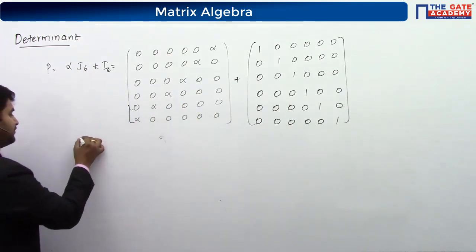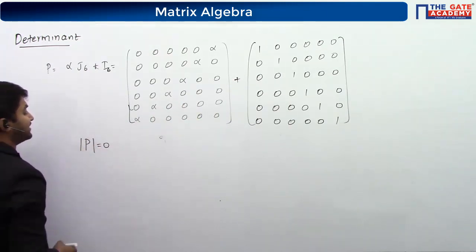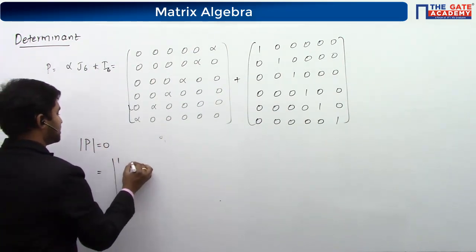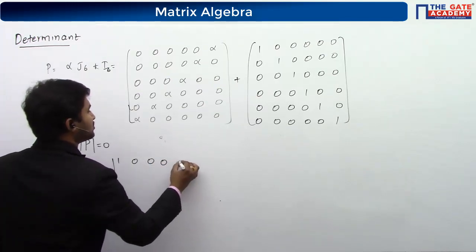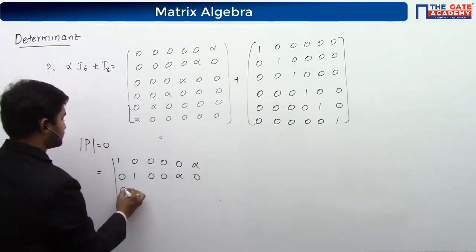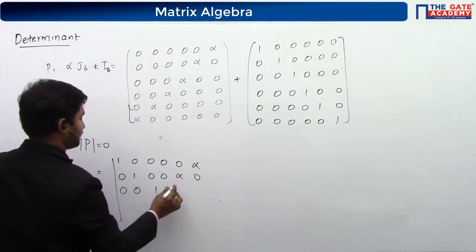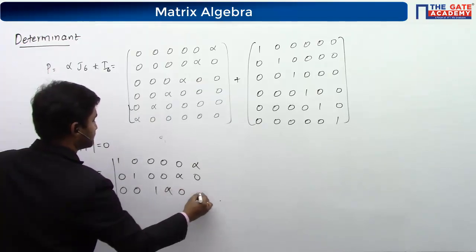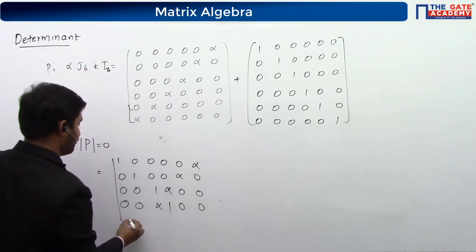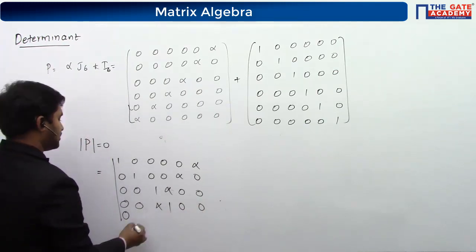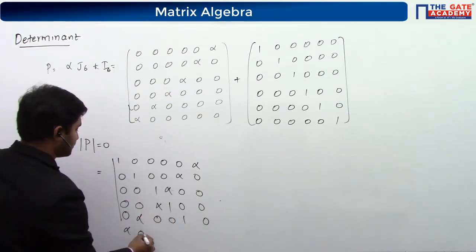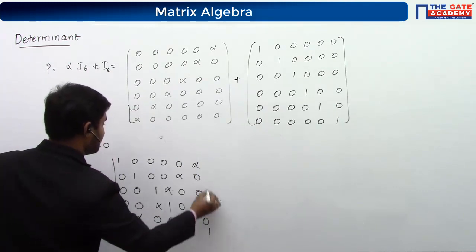Now take the determinant and equate it to 0, because in the question it is given that the determinant is equal to 0. So the determinant of P will be equal to the determinant of the same 6 by 6 matrix, 1 0 0 0 0 alpha, 0 1 0 0 alpha 0, 0 0 1 alpha 0 0, 0 0 alpha 1 0 0, 0 alpha 0 0 1 0, alpha 0 0 0 0 1.